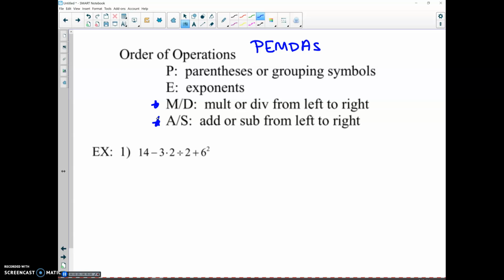So let's take a look at number 1 together. And let's go down through the order of operations. There are no parentheses or grouping symbols, so our next step would be to do exponents. So 6 squared is 36. Rewrite everything here.